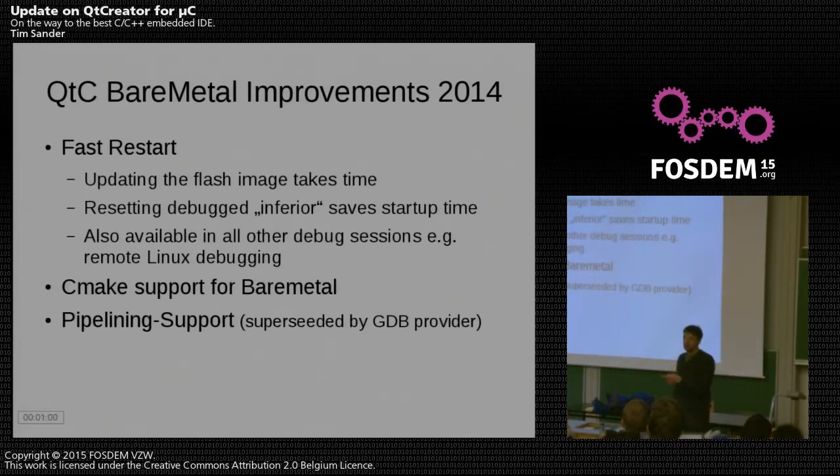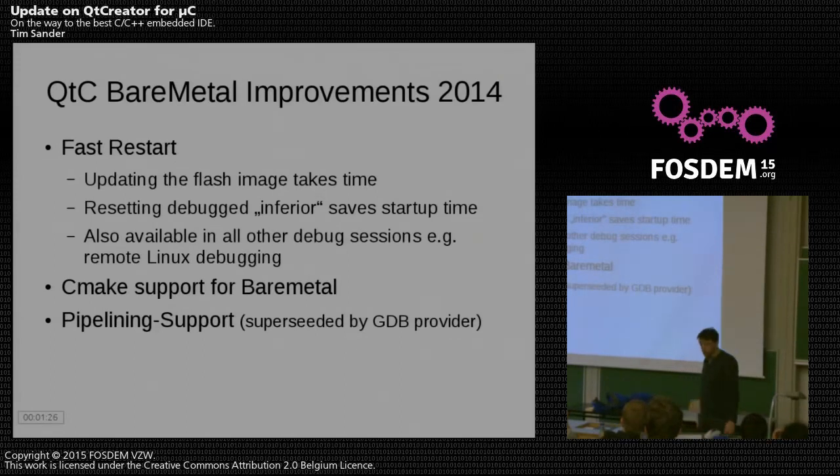So for remote Linux, where you have a SSH connection to your device, this might also help in starting up a little bit faster. But it's not so crucial because most single board computers with Linux have gotten so fast that it doesn't matter too much anymore. But it's available anyhow.